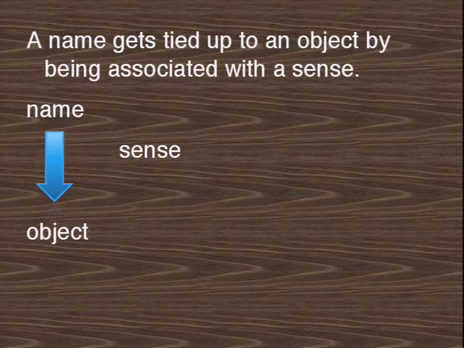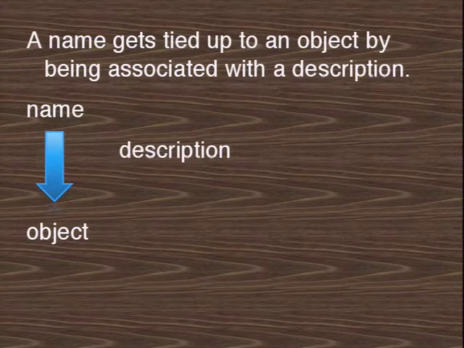Frege does the thing with informativeness and says we need a notion of sense, and it's the sense that hooks up the name to the object. And then we ask, what is the sense? The sense is a description. The name is getting hooked up to the object by being associated with a description.